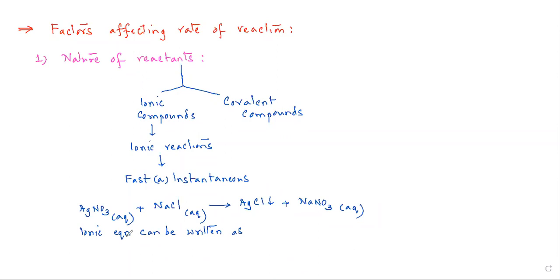And if you consider the ionic equation of the same reaction, see, it will be Ag+ NO3- plus Na+ Cl-. Now, the thing that actually happens during this is exchange of ions.